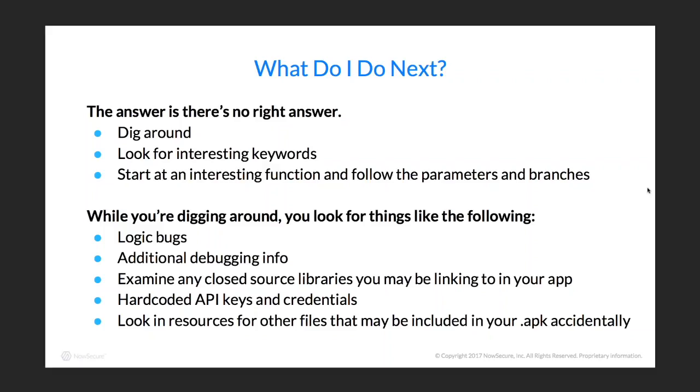You'll look for hard-coded API keys, and if you've got credentials to any of your testing servers or your dev servers, don't just leave your passwords in there. We've seen that happen plenty of times. And as far as API keys, sometimes they've got to be in your app. I mean, if your app doesn't know the API key, then it can't really use all your services.